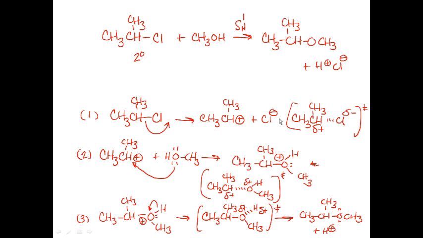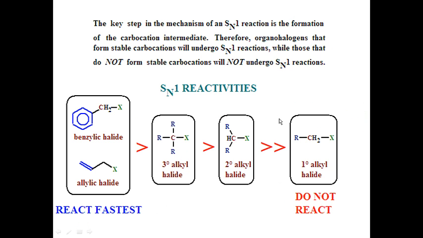Okay, so that's how I would have written the three steps of this mechanism. And we'll practice drawing mechanisms more in class on Wednesday. So the key step in the SN1 reaction is the formation of the carbocation.